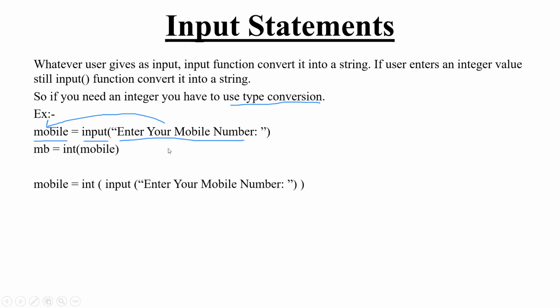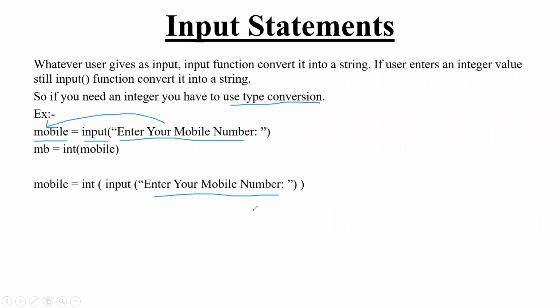Instead of writing two lines, we will optimize so that I can bring these two lines into one line. Here we are taking the mobile number as an input, any number, your mobile number.